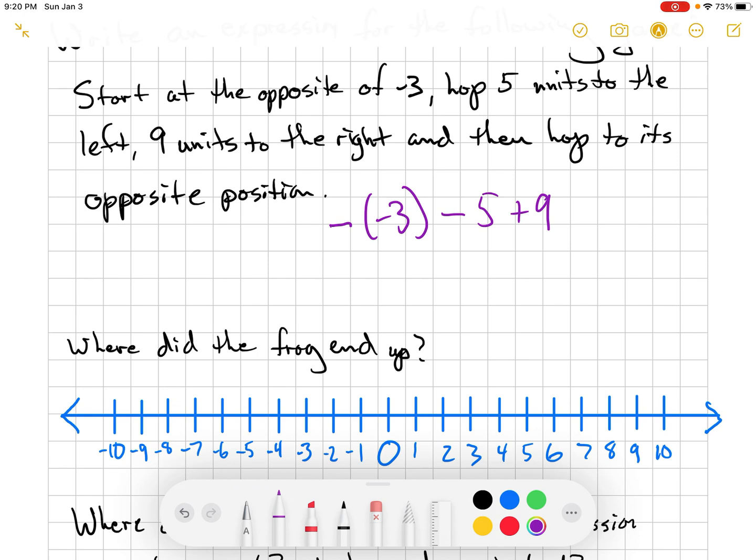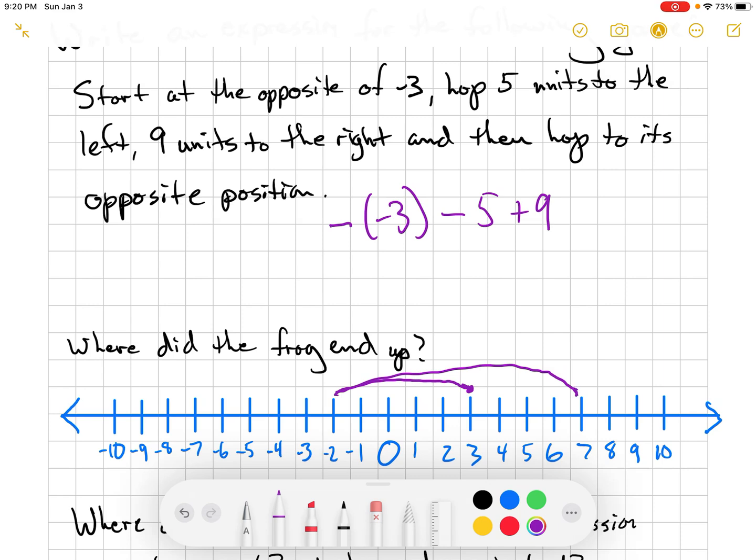Let's check this out. So the opposite of 3, that's where the frog starts right here. Then we had to subtract 5, right? Subtract 5, that is down here to negative 3. Then we added 9. 9 puts me at 7. Then what? We had to hop to its opposite position.